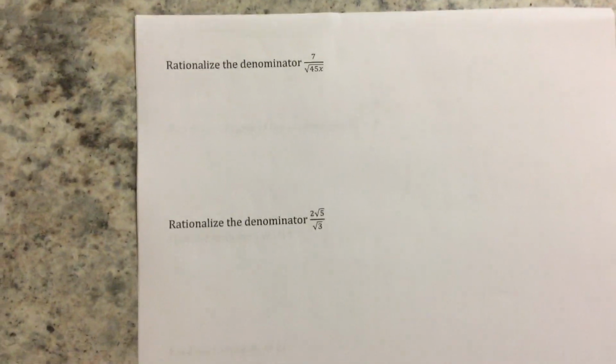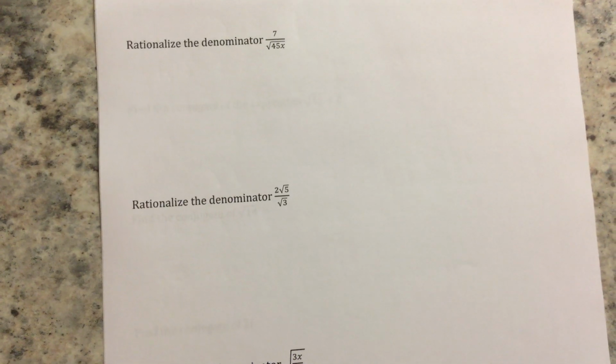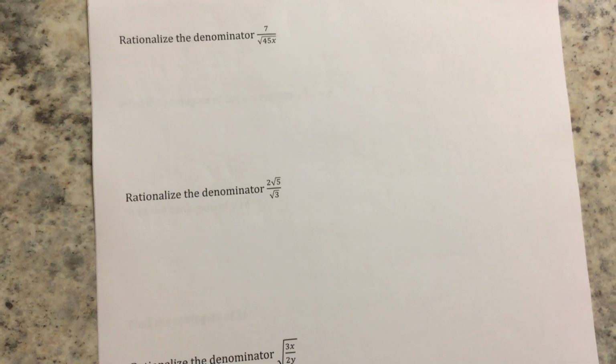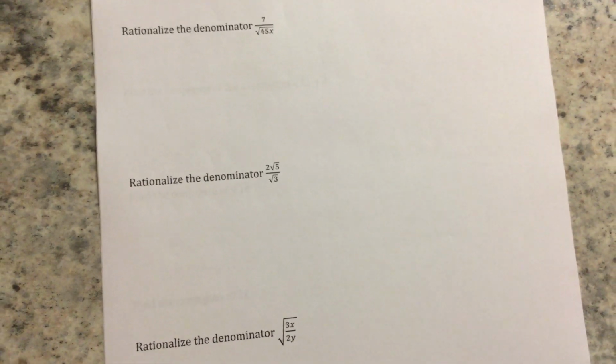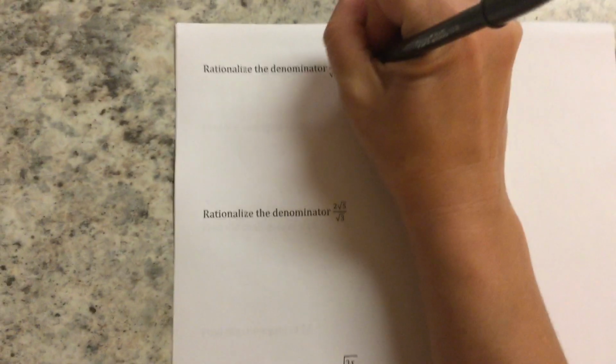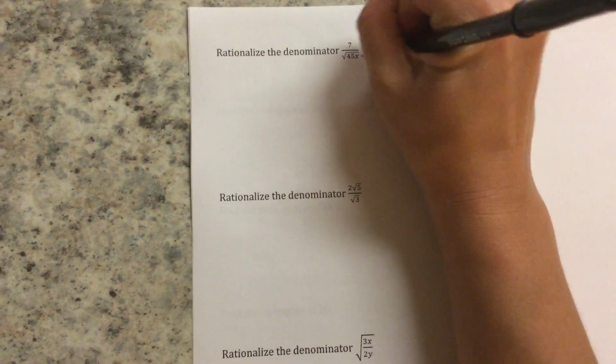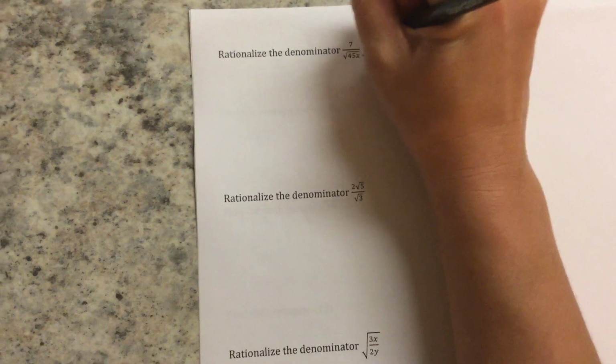So next page. Again, I'm going to rationalize the denominator. I have 7 over the square root of 45x. So I'm going to multiply the top and the bottom by the square root of 45x.